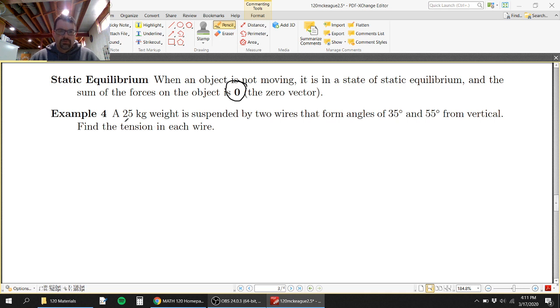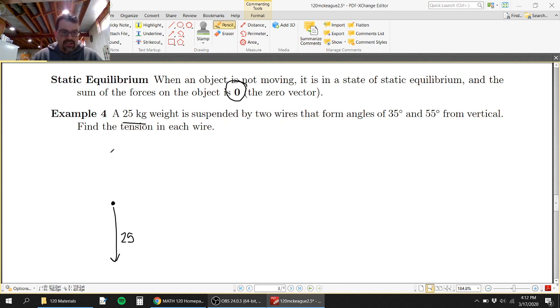All right, so we have a 25 kilogram weight. It is hanging and gravity pulls down with a force of 25, and we're just going to measure forces in kilograms. Think of them as weights, which isn't quite accurate. Kilograms is a measure of mass.